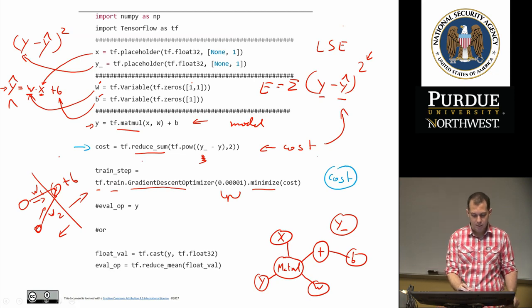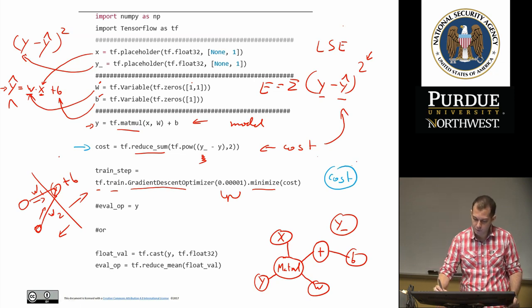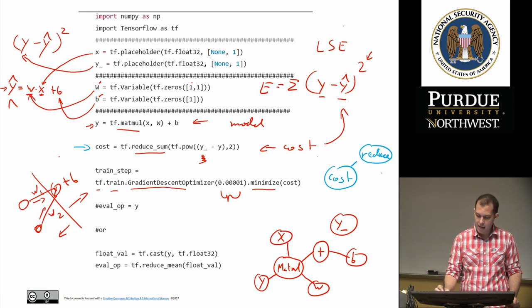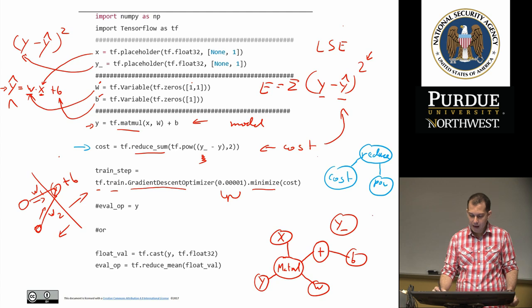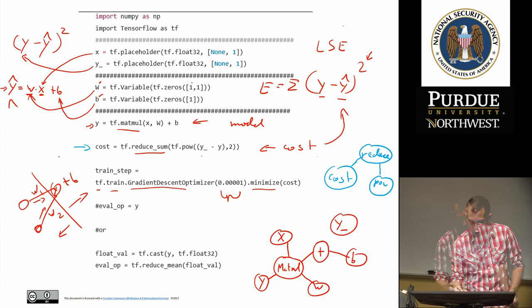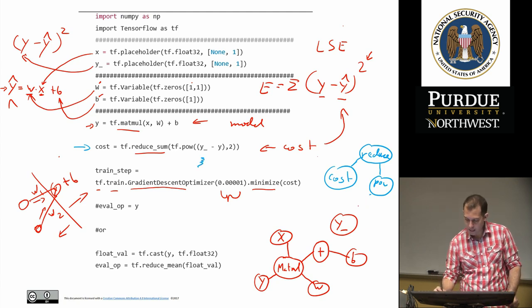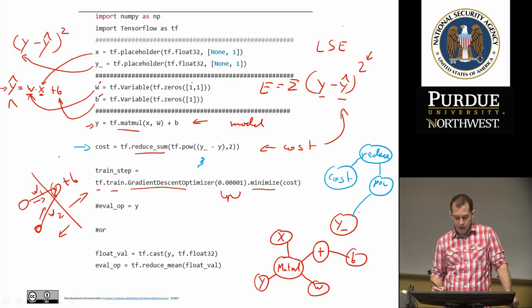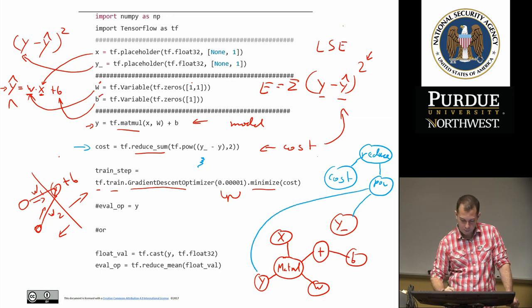Cost is associated with a reduce function, and it takes another node called pow, and then pow is going to link y underscore here with that y.